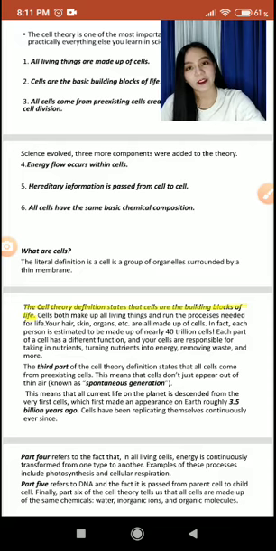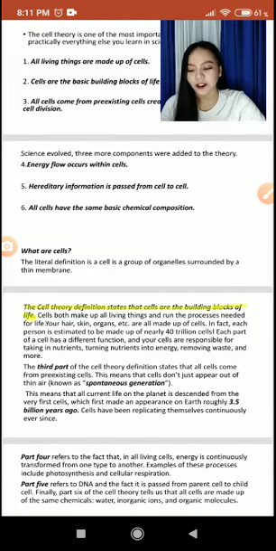For example, our hair, our skin, our organs, and other parts of our bodies are all made up of cells. In fact, each person is estimated to be made up of nearly 40 trillion cells.